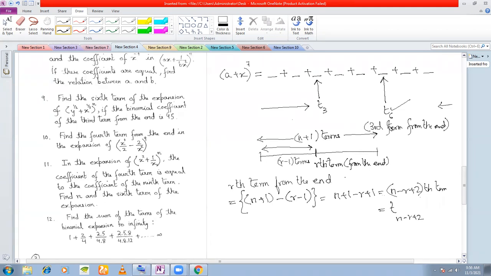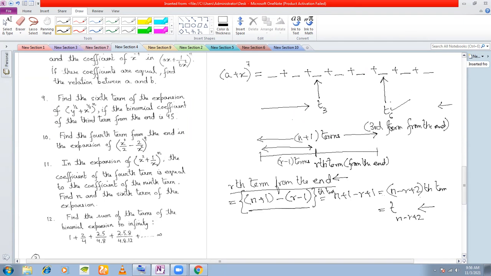So whether I say rth term from the end, or n minus r plus 2th term from the beginning, it's the same thing. Just remember this: when I say rth term from the end, I mean the n plus 1 minus r minus 1th term. In this example, how many terms do I have? I have 8 terms.